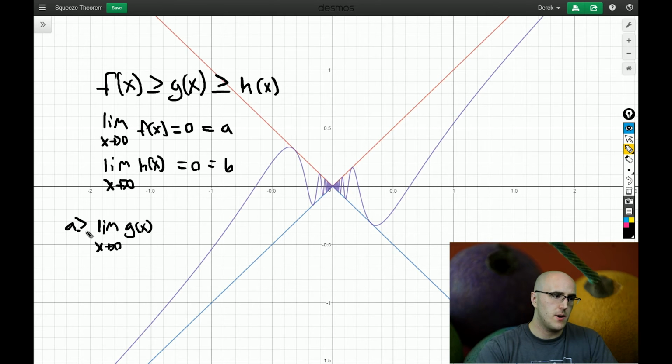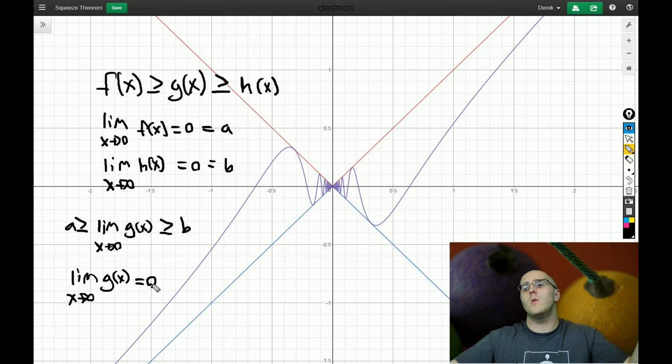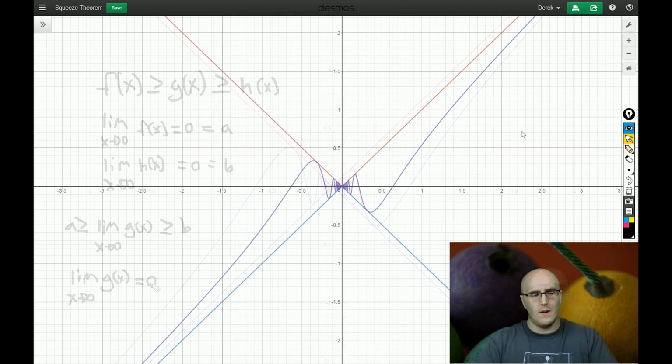So a must be greater than or equal to that, must be greater than or equal to b. In this case, it has to be between 0 and 0, which obviously has only one value, it's 0. So the limit of g of x as x approaches 0 is equal to 0, because that's the only possible value. And that's kind of what we'll do with the squeeze theorem. We'll take two known functions that we can figure out the limit of, and we use them to determine the limit of a third function.